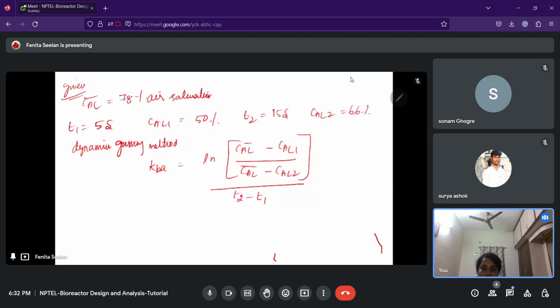If I substitute these values, what would be the answer? Please solve and let me know the answer.